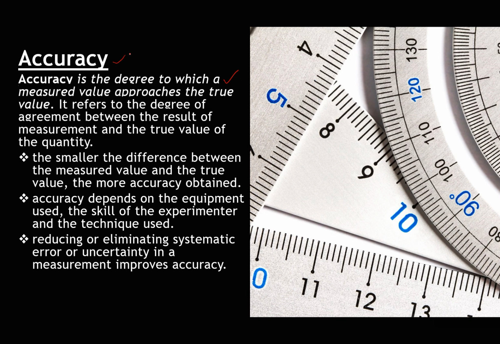That means if measured values are very accurate, then there will be a small difference between the measured value and the true value. In fact, the average value of repeated measurements is going to be close to the true value.